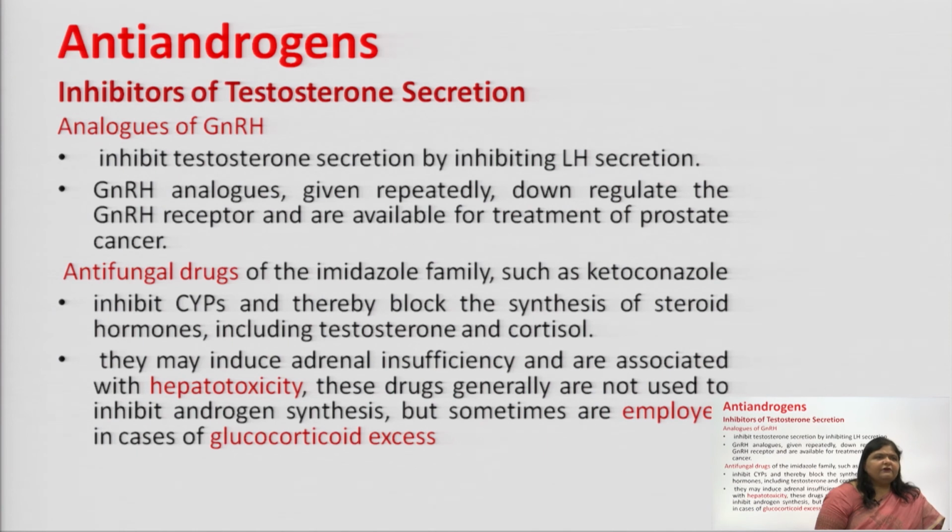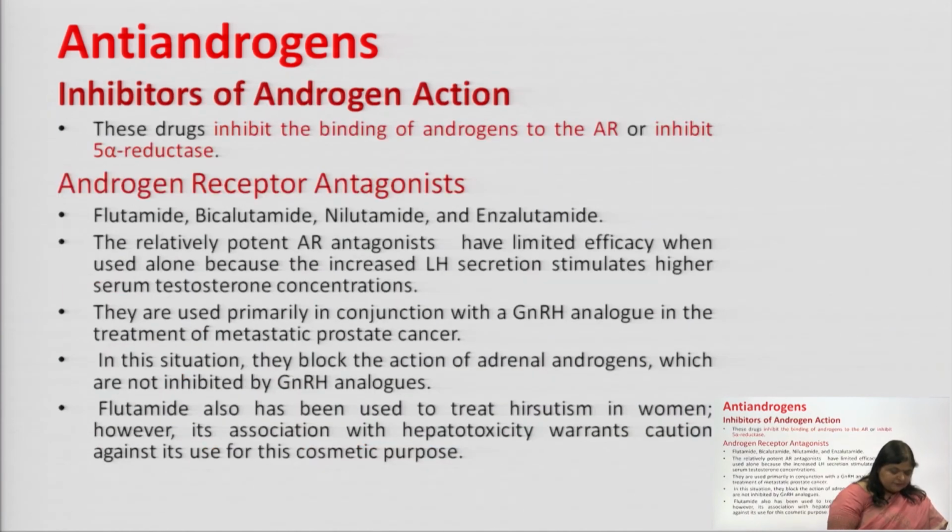These inhibitors can be analogues of gonadotropin releasing hormone, where these drugs inhibit testosterone secretion by inhibiting the luteinizing hormone secretion, or they downregulate the receptors. Then there are certain antifungal drugs also like ketoconazole, which can be used as antiandrogens, or they can inhibit the secretion of testosterone.